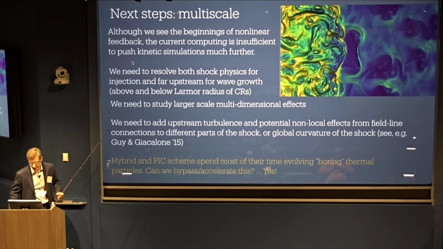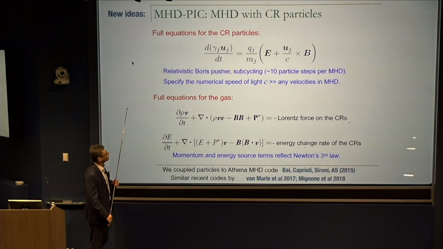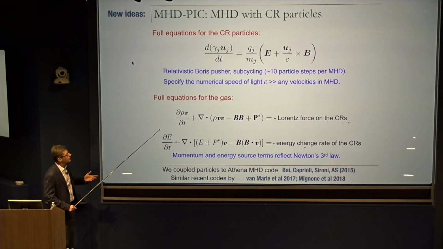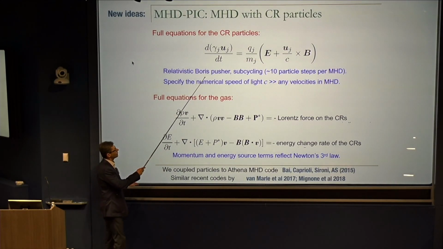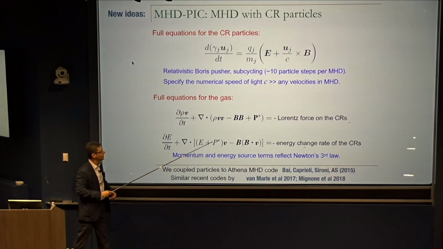So how do we do that? One way is a method called MHD-PIC. So this is MHD with cosmic ray particles. The idea is that you evolve the particles inside of MHD simulations using the Lorentz force, where the electric and magnetic fields come from MHD.